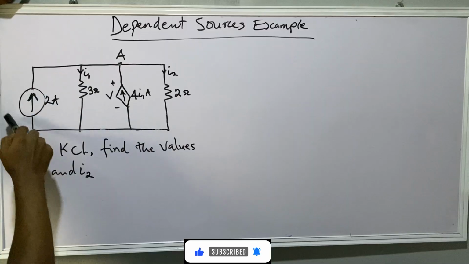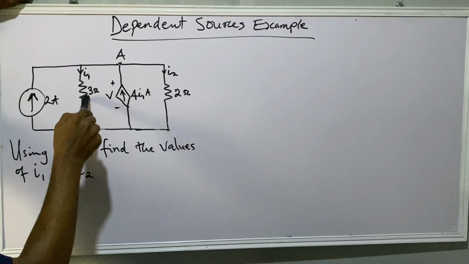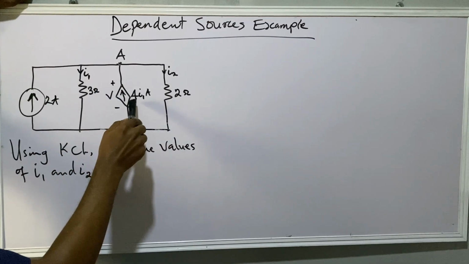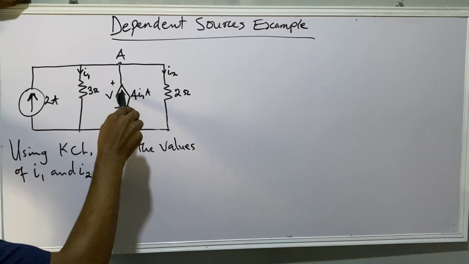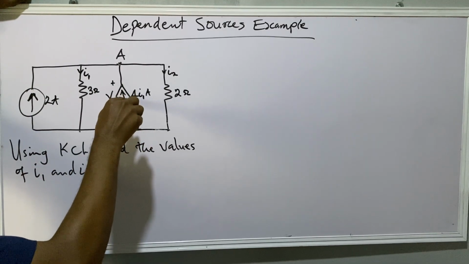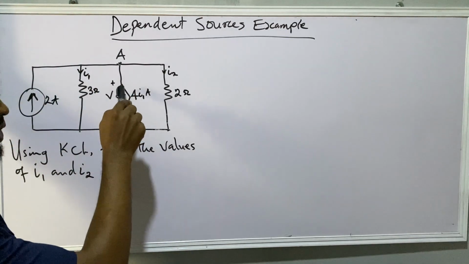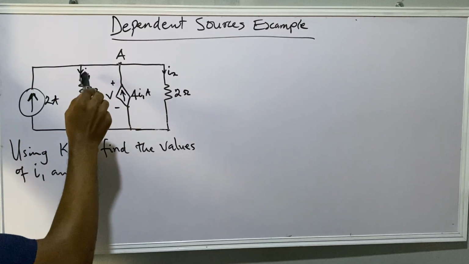Look at this circuit. We have a source, which is 2 amps. We have a resistor, 3 ohms. We have a current-dependent current source. You see the arrow here is a current. This current here is depending on another current, which is I1.